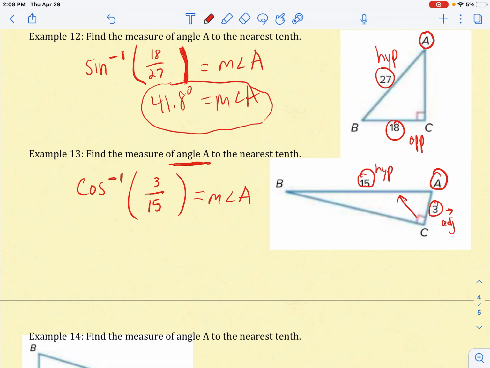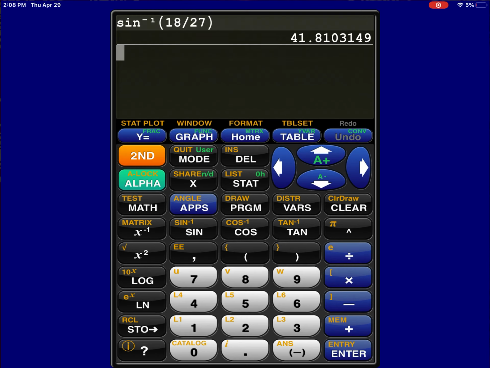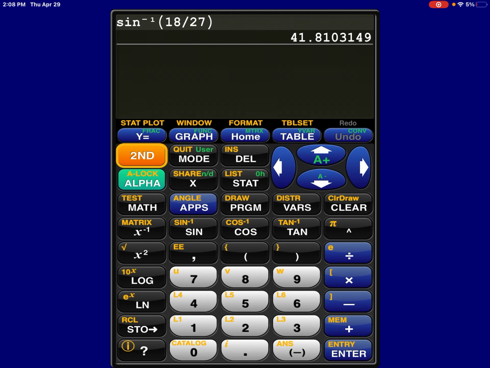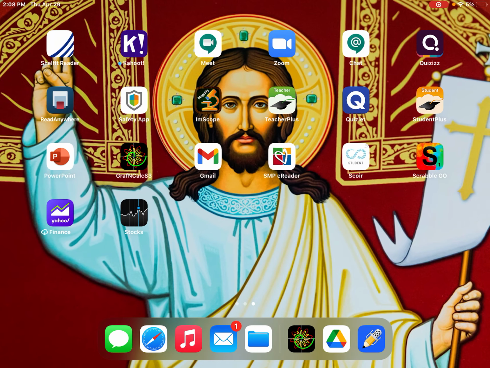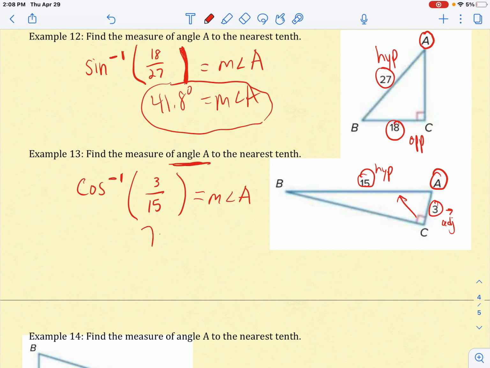Once you set that equation up, again, let's go back to the TI-83, hit second, cosine, right? So it's going to give us inverse cosine. 3 divided by 15, boom, 78.5, we'll call it. Now notice one thing I'm not doing here is I'm not simplifying the fractions inside the parentheses. And there's no reason to do this because you're just plugging into a calculator, right? So there's no need to call 3/15 1/5. You would get the same answer if you did it, right?